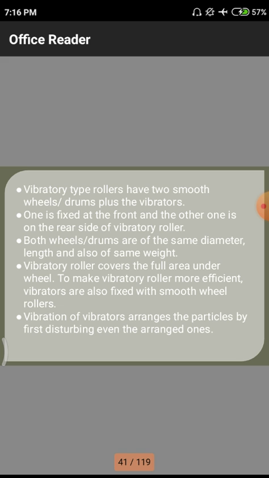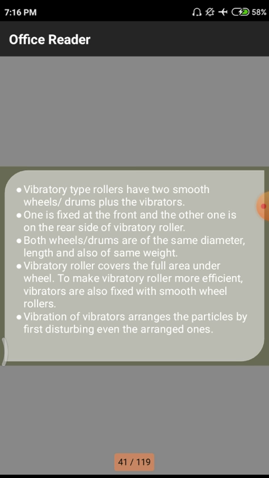The same diameter rollers have vibration methods, but different diameters have no vibration methods, they only move on a particular surface to densify the soil. But here we are using vibration methods as an accelerating method for densification. Normally if a roller moves on a particular surface for a huge span of time, automatically it will be densified. Using these vibratory rollers, we need a short span of time to densify a particular soil. That is the main advantage.